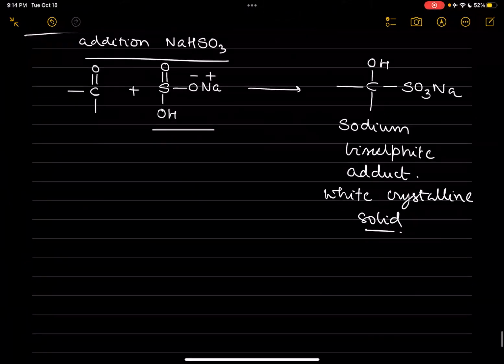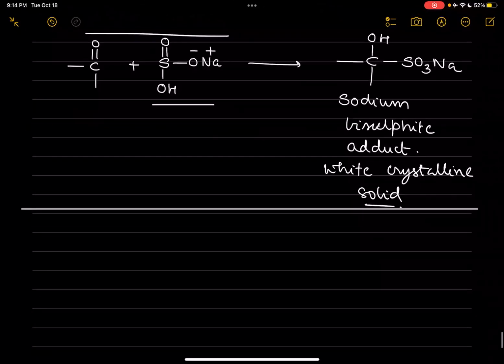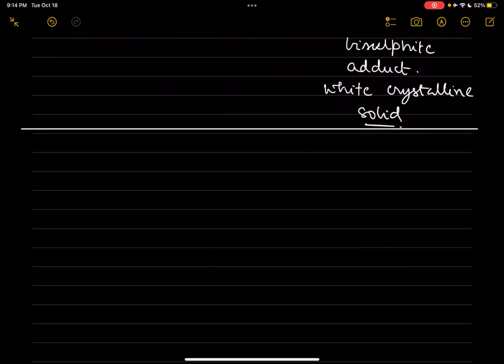Yes, sir. So these are some common nucleophilic addition reactions on aldehydes and ketones. The other reactions of aldehydes and ketones are aldol condensation, the aldol family reactions.